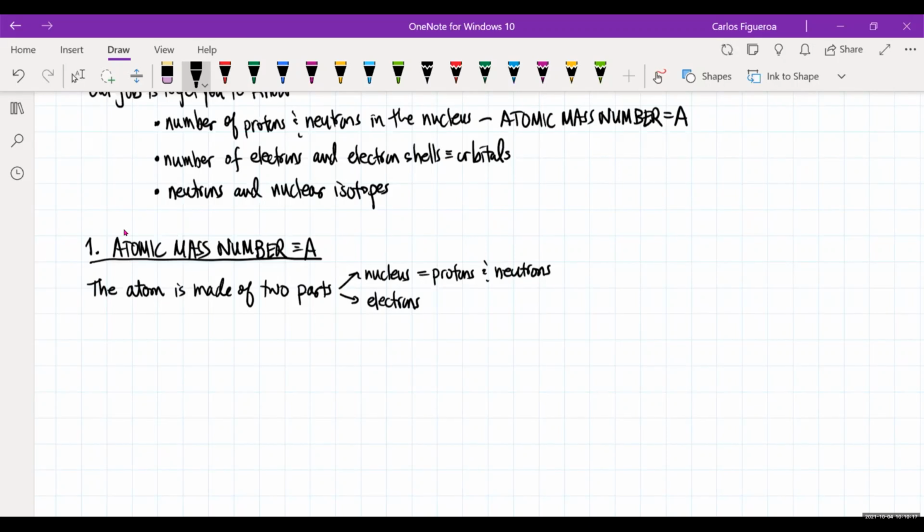So here's what we know. Protons and neutrons have almost the same mass. It turns out that the neutron is a little bit heavier than the proton.